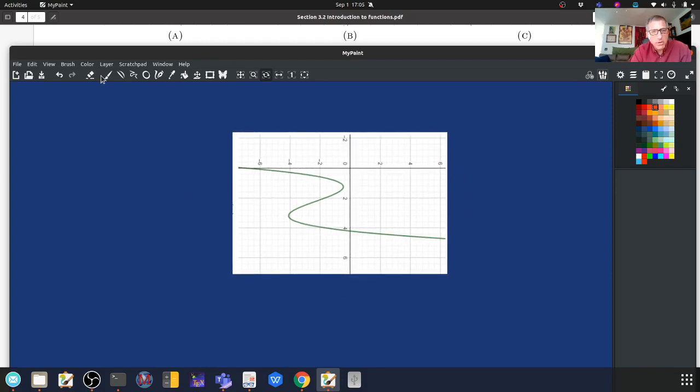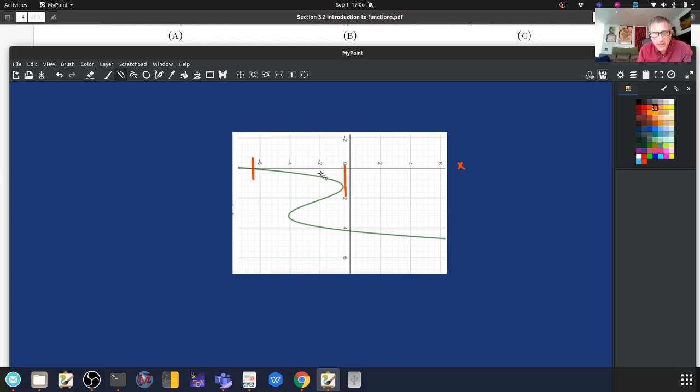So now this right here is my x-axis, and this here is my y-axis. Here I can clearly draw all kinds of vertical lines between this point here and this point here.